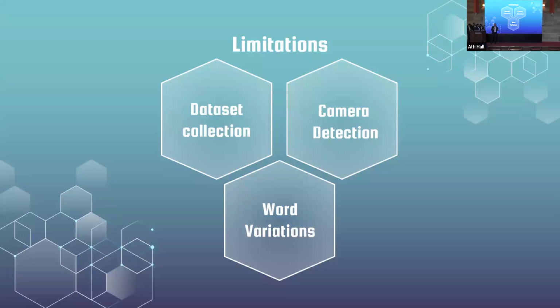Moreover, the position and the angle of the signer relative to the camera will impact our model performance. Finally, for the word variations limitation, as you know, there are multiple variations of the same word that can happen in different contexts in the sentence. So we need to handle such cases. But in order to simplify the model, we limited these variations to one variation for each word. However, this can be handled by increasing the number of classes and changing the name of the class by adding its description to the name.